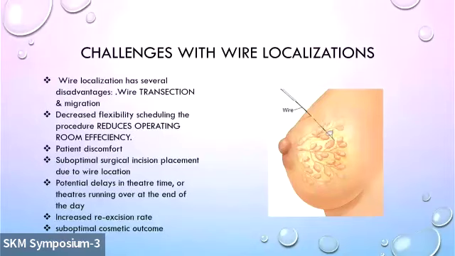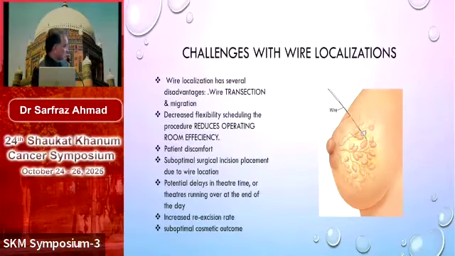Wire localizations have several disadvantages: wire transection, migration, decreased flexibility in scheduling the procedure, and reduced operating room efficiencies. It needs coordination between the radiology department, the surgical team, and the OR team.